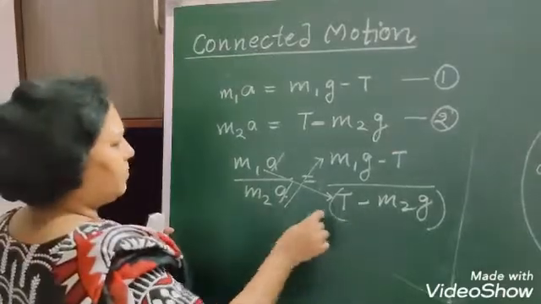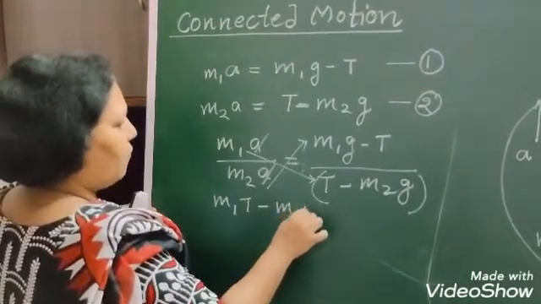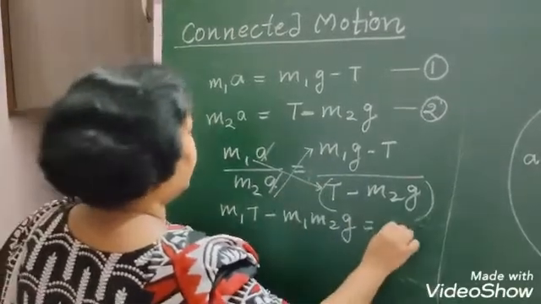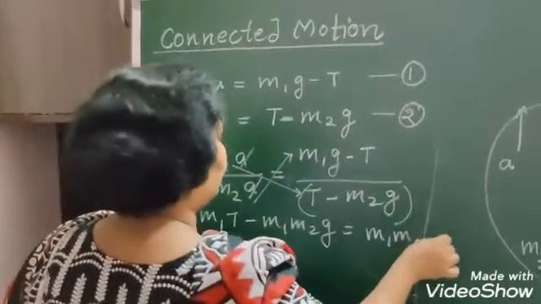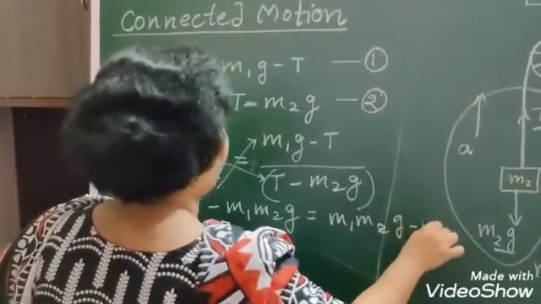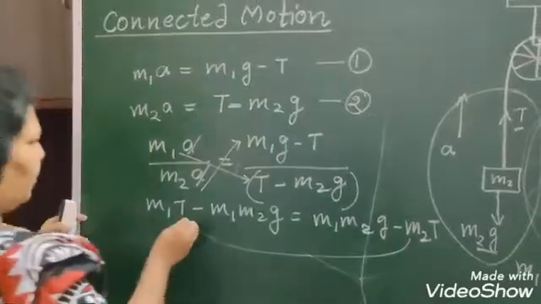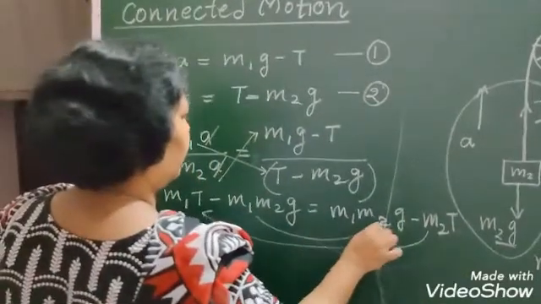So when m1 is multiplied here, this is m1T minus m1m2g, and this one is m1m2g minus m2T. We'll take this quantity here, the m2T, and this one on this side.